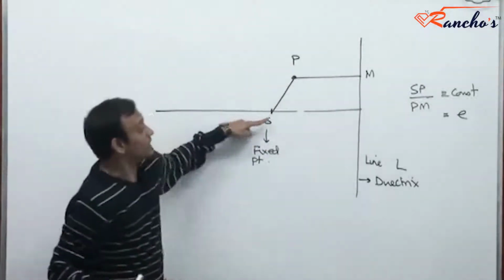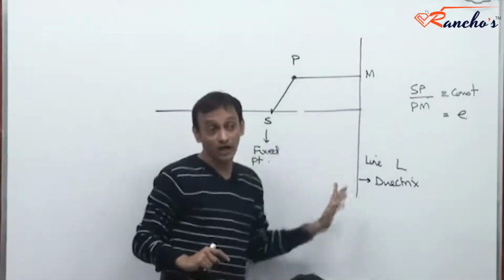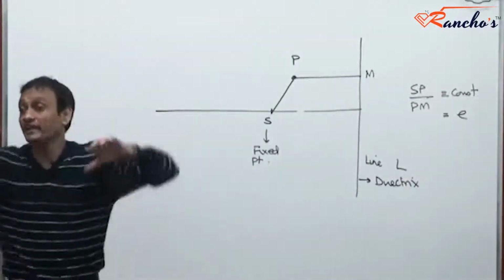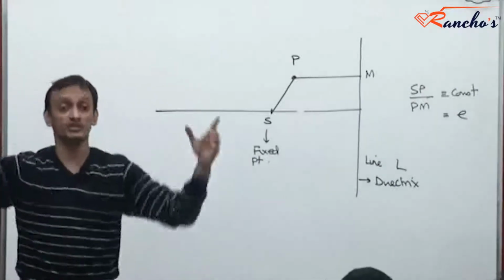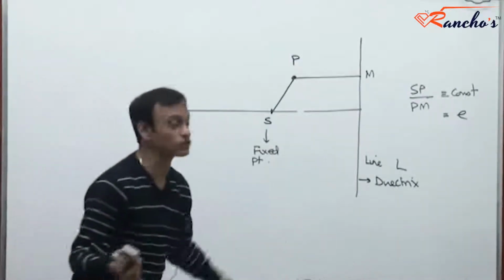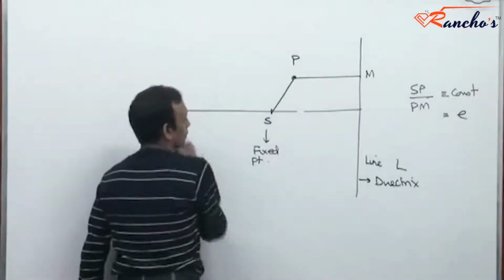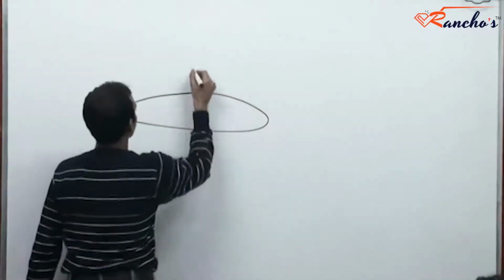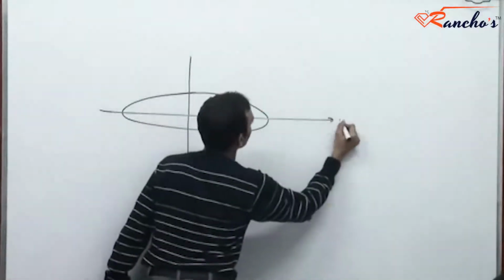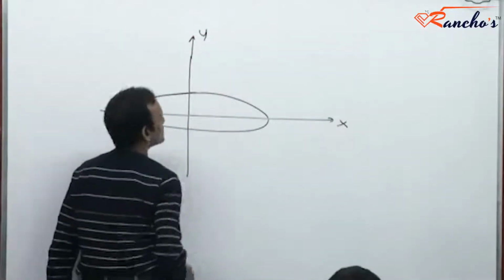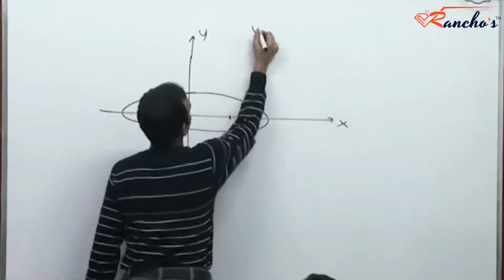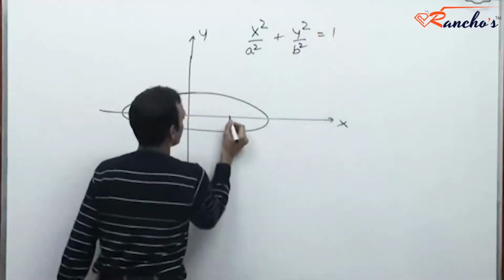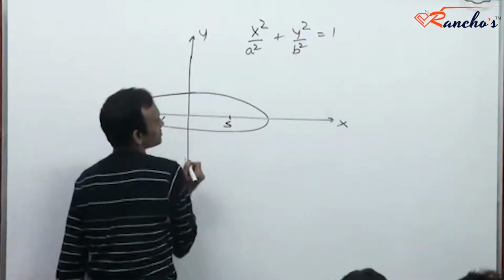So for a focus, the ellipse will have a directrix. If there are two foci of an ellipse, then it will have obviously two directrices. For each focus, there would be a corresponding directrix. Which means, if this is the standard equation of an ellipse, x squared by a squared plus y squared by b squared equal to 1, this is one focus S, this is another focus S prime.